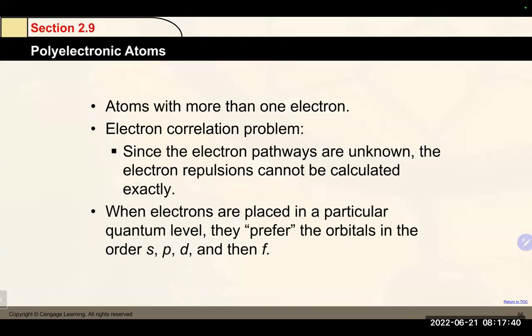So for atoms with more than 1 electron, since the pathway of those electrons is unpredictable, we don't know exactly where they are, but we refer to those electrons being housed in these probability maps, which are our orbitals, our s, p, d, and f.